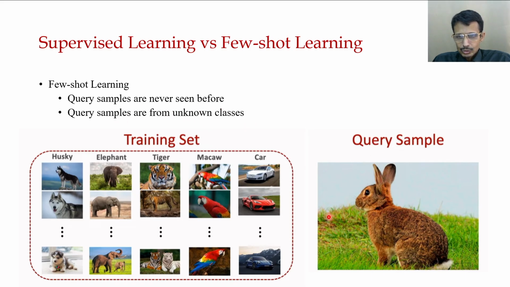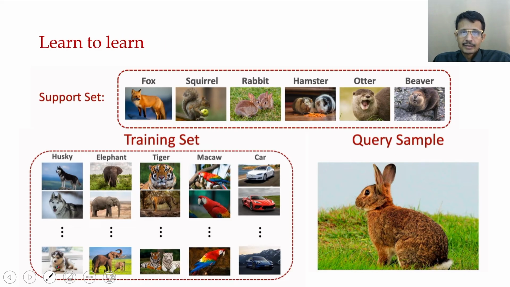So by virtue of supervised learning, it cannot say. But if there is a support set with a rabbit class, and you know the difference and similarity by virtue of the big model, the model can answer, okay, this is a rabbit, because based on this support set we understand these two are very close and very similar, so it's a rabbit. That is the basic idea of few-shot learning.